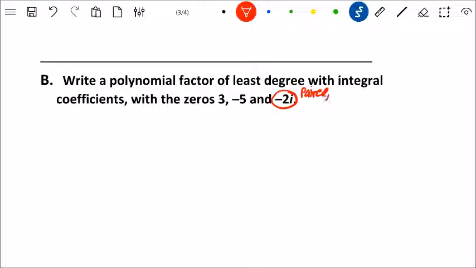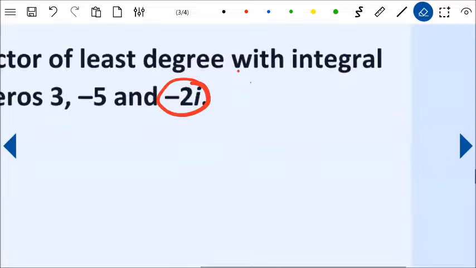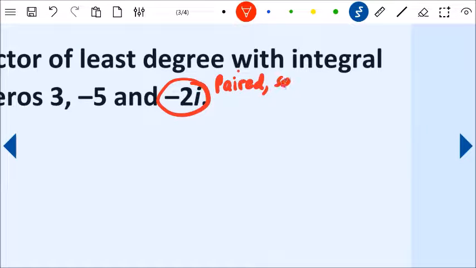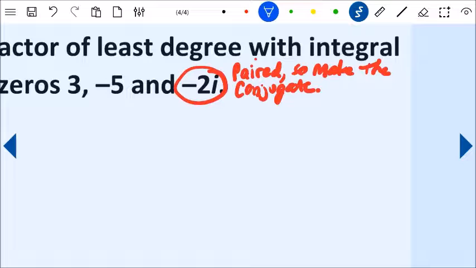Paired. Well, I want to write this better. So make the what's called conjugate. The conjugate is the opposite number with it.